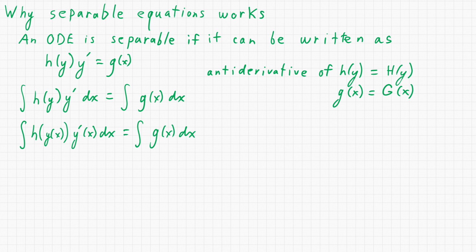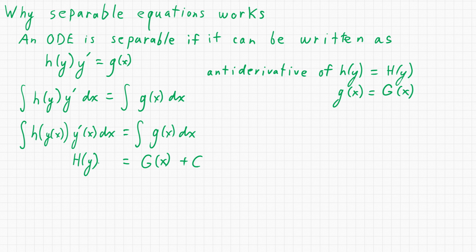If the antiderivative of lowercase h is capital H, and the antiderivative of lowercase g is capital G, then this simplifies to capital H of y, and over here to capital G of x plus c.